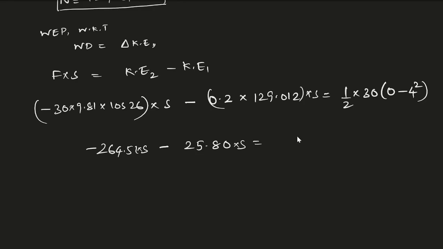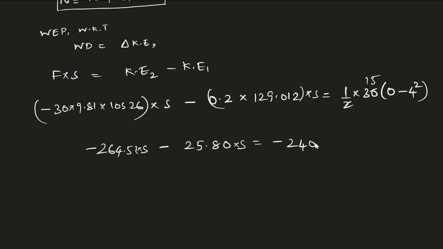This is equal to, so 15 into 4 square, that is 16, is 240. So minus 240.